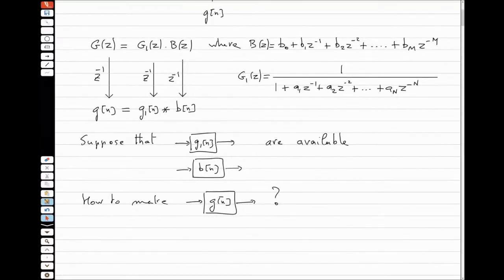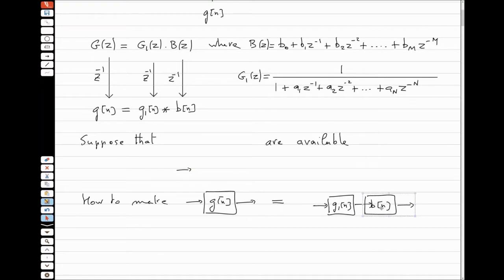All right, so yes, that's the way to do. You cascade them, yes. For example, what order should I cascade them? This way, or this way, or the other way?